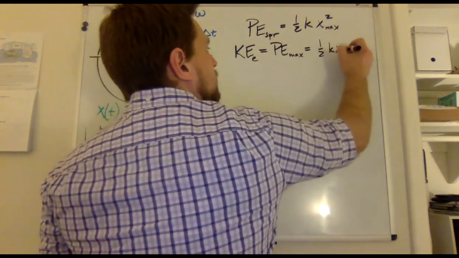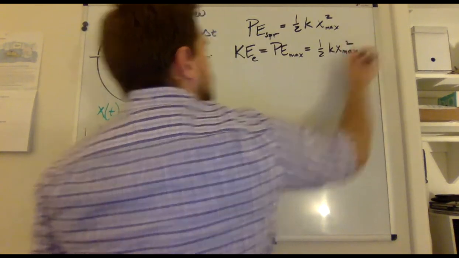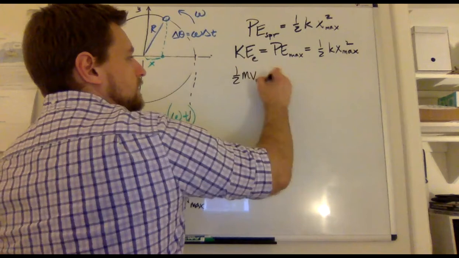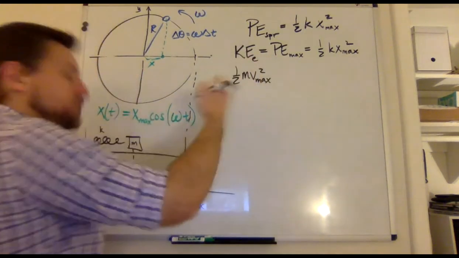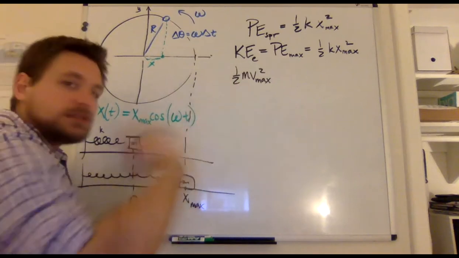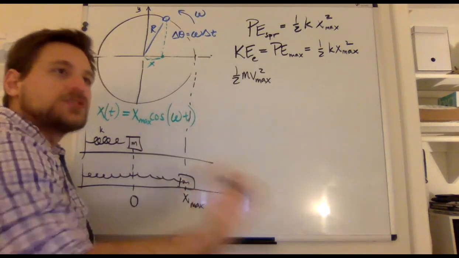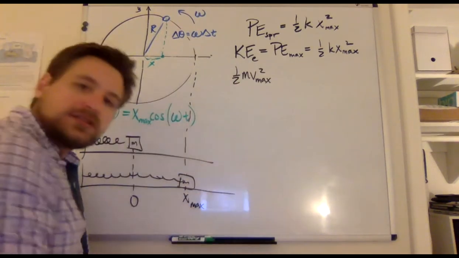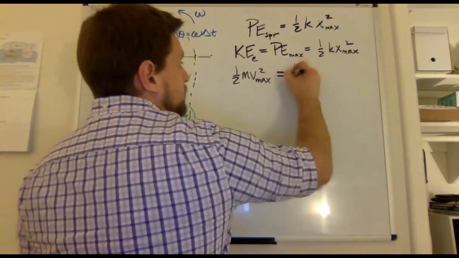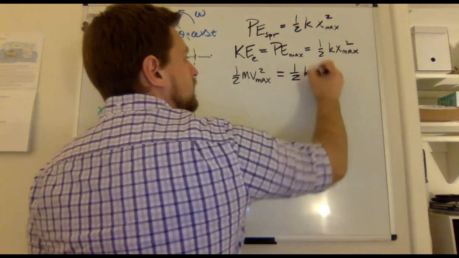Half k x max squared, but that's okay, 1/2 m v max squared. The kinetic energy that we're going to have on our way through equilibrium, because that's when we're going the fastest. None of the energy is stored. It's all being expressed as kinetic. But we know that it has to be as much as we started with.